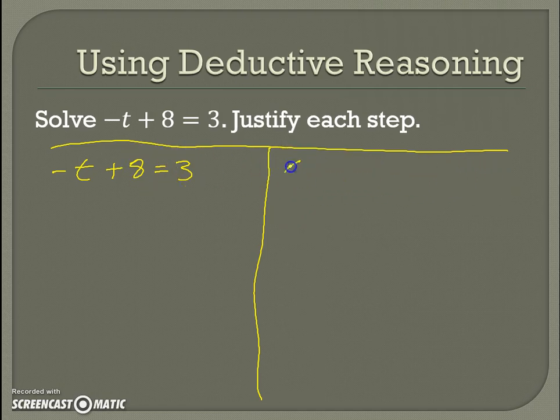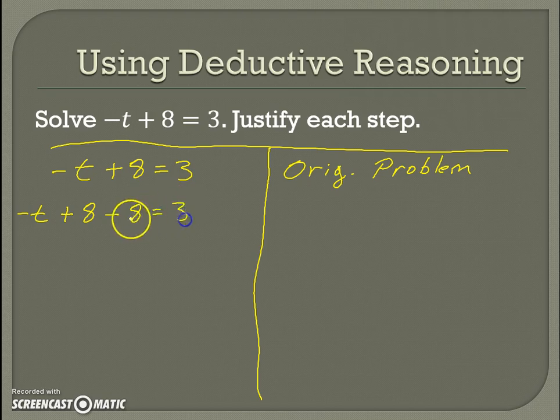So this first one right here, I just write out the original problem. Now if I were going to solve this equation, when you're doing this you have to write it out long ways, unfortunately. That way it makes sense when you're writing out the steps. But if I wanted to get rid of adding an 8, remember I'd have to use the inverse operation of addition, which is subtraction. So to undo that, I'm going to subtract 8.